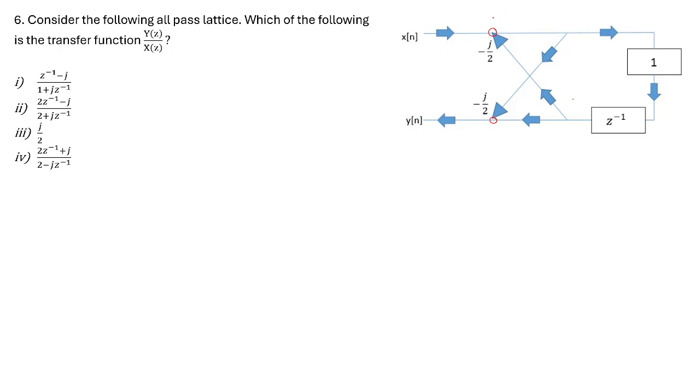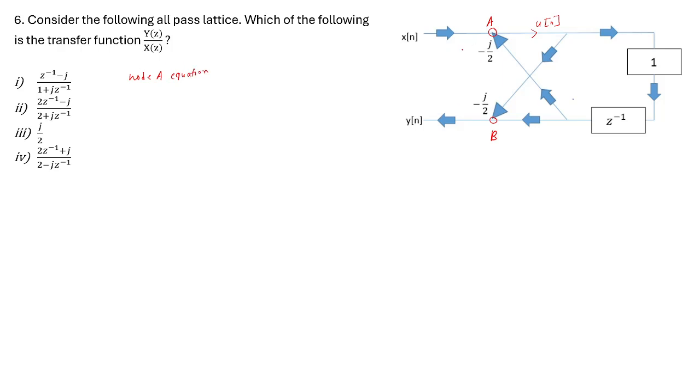Let us denote them as node A and node B, and the intermediate sequence here to be u[n]. So, node A equation, what we see.